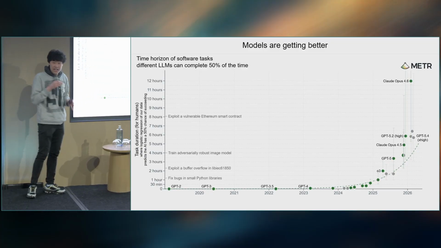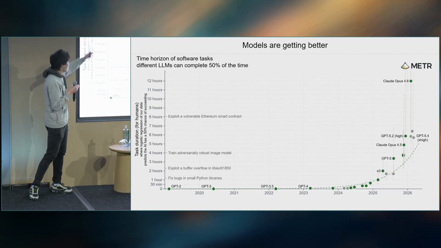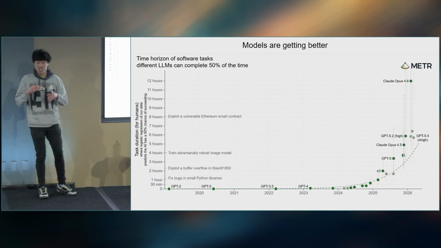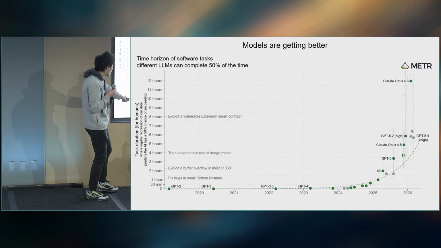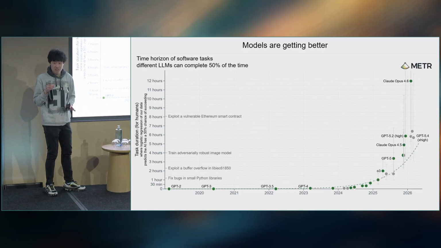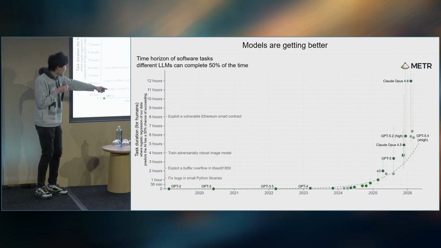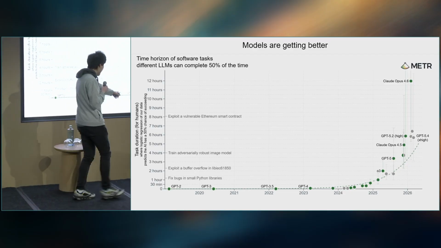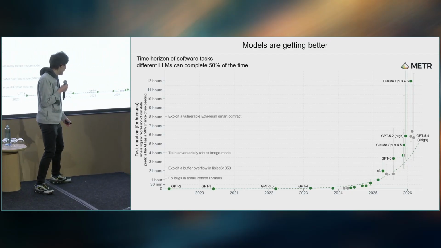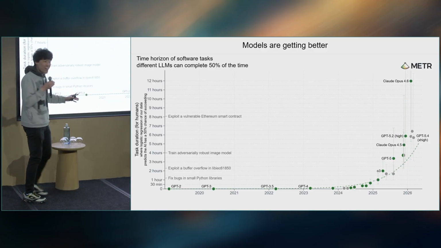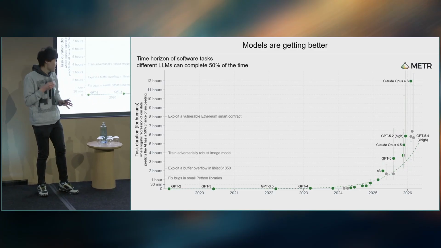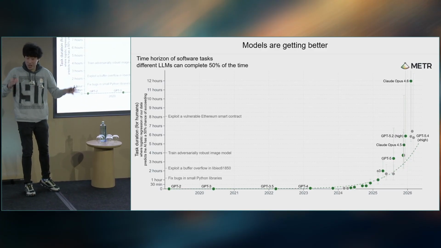This is a linear scale, and on the y-axis is the time of the task. When ChatGPT, GPT-3.5, got released around November-December 2022, that's this little point over here. In the early days, ChatGPT was actually pretty good.